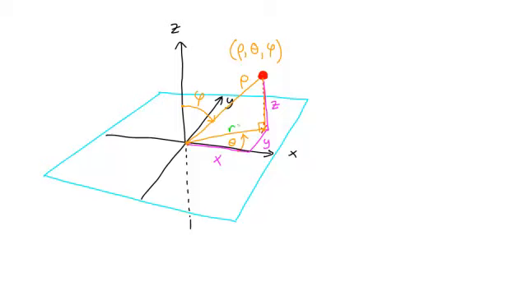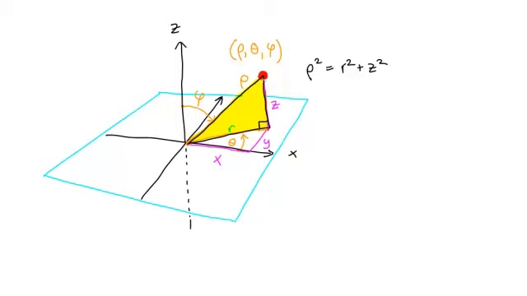To write down what these equations are, let me call your attention to this particular triangle. Since this triangle right here is a right triangle, we can apply the Pythagorean Theorem and trigonometric identities to it. For example, the Pythagorean Theorem would say that rho squared is equal to r squared plus z squared.